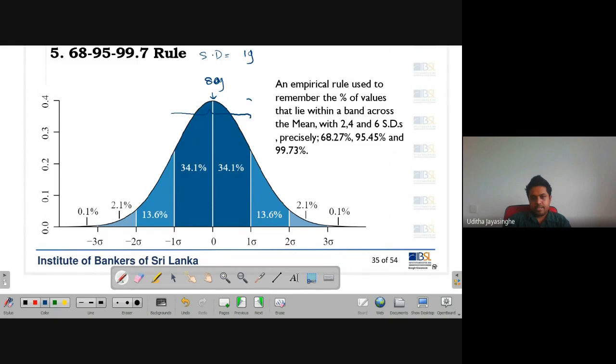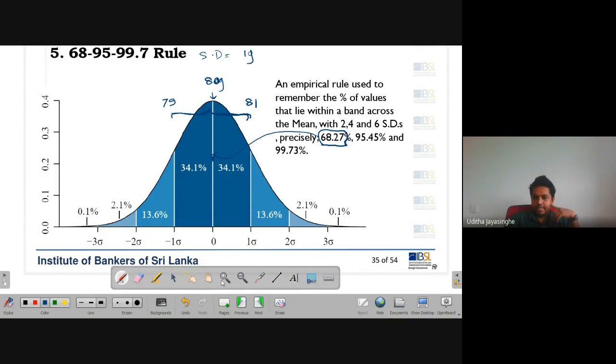What's that range? 79 to 81. Why? 80 grams is the mu and the standard deviation is 1. So 79 to 81, from the production, a total of 68.27% is going to lie in between.